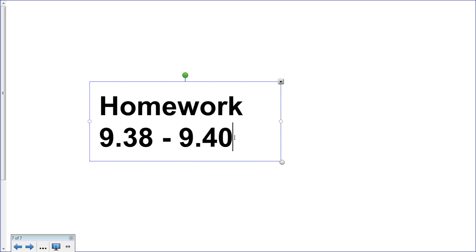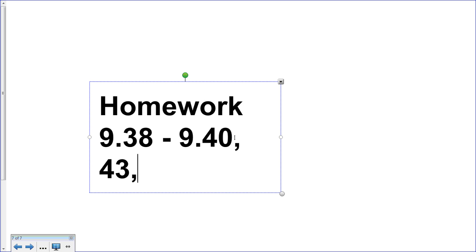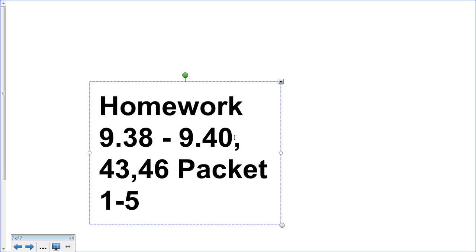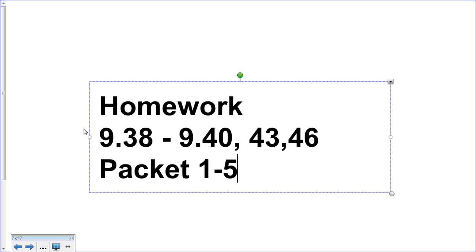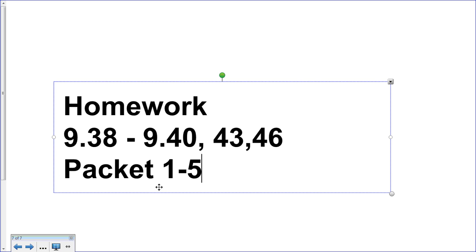So 38 through 40, 43, 46, and the packet, do problems 1 through 5 at least, if you haven't already. The goal is that you have to get all of those done by the 30th. So that's next week, Tuesday. So you should be working on them every day, but if you have them all done, then that's less homework.